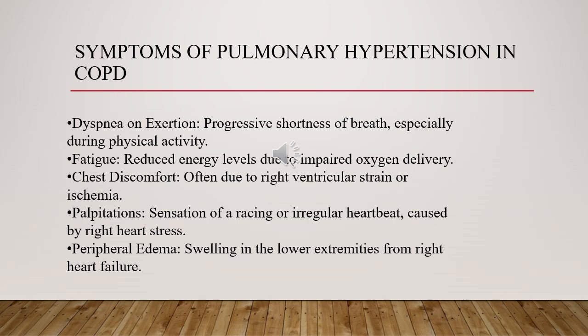As right heart failure progresses, meaning cor pulmonale, symptoms extend to systemic venous congestion, manifesting as peripheral edema, particularly in the lower extremities. This symptom highlights the systemic impact of PH on COPD patients, demonstrating the need for a multidisciplinary approach to symptom management, ensuring disease progression is monitored.